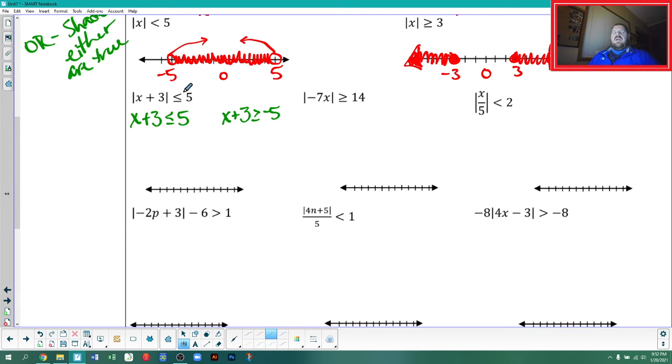Now, I do want to go back and look. That arrow is pointing at the absolute value, so that means it's an "and." I want to keep that in mind because that changes what I would shade. All right, so we're going to subtract 3 on both sides of each one.